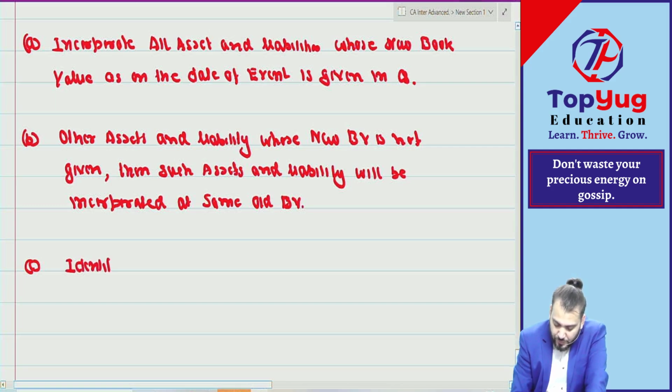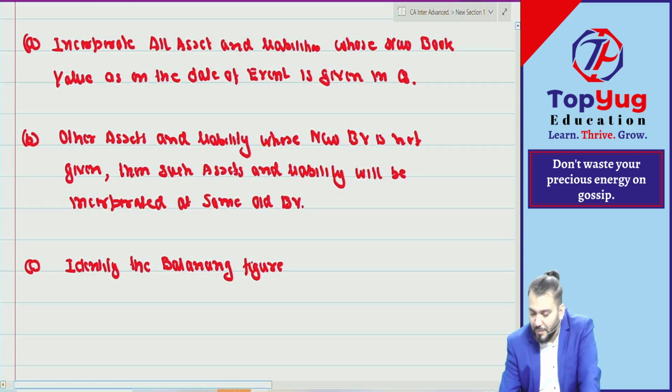Then point number C: identify the balancing figure.